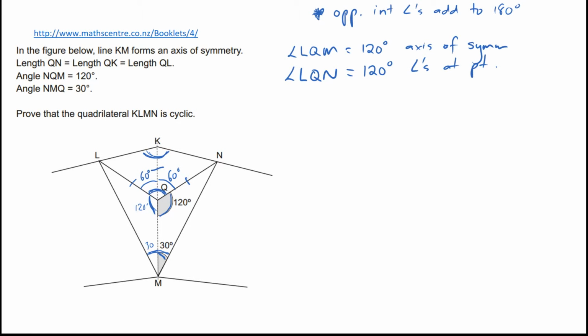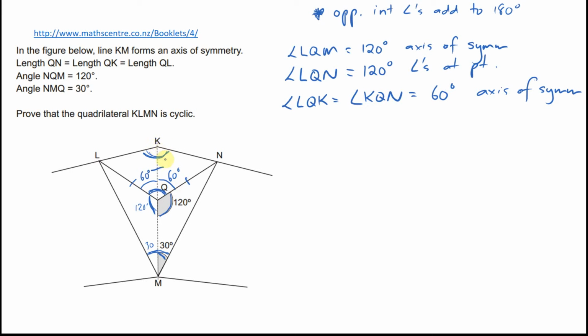So if we include those two angles in our proof here, angle LQK is equal to angle KQN, both of those are 60 degrees each, and that is by virtue of the axis of symmetry.